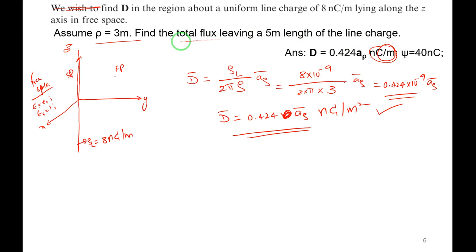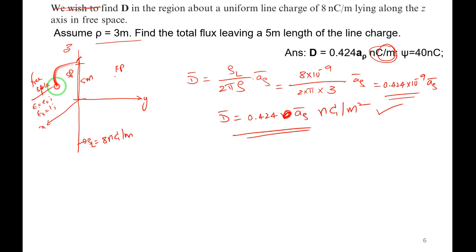Next, find the total flux leaving a 5 meter length of the line charge. Yes, this is an infinite line charge. We have considered this as an infinite line charge, but let me restrict it. This length is 5 meters. Let me take only from here to here, it is 5 meters. So we will enclose this in a closed surface.